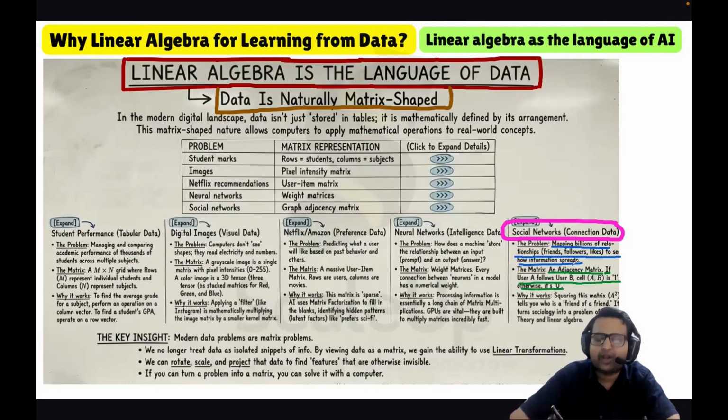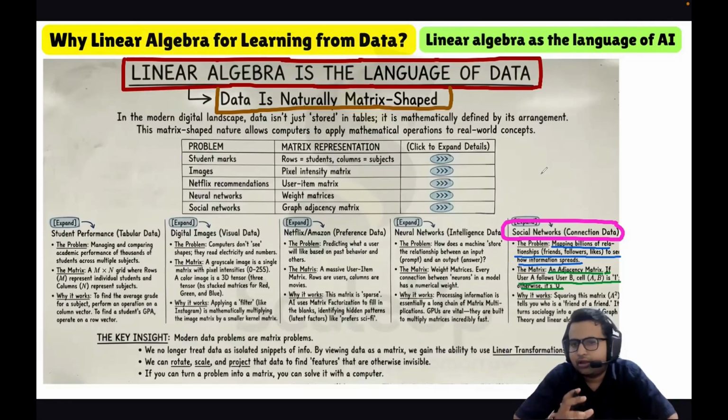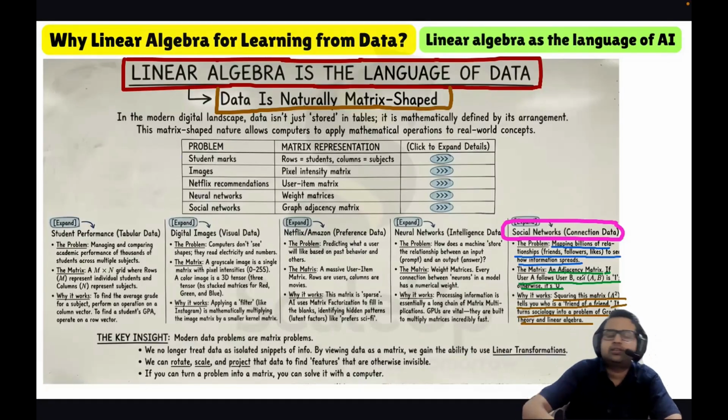So that's the concept of an adjacency matrix. If we make use of the adjacency matrix to map the relationship, then what benefit will we get? Squaring the matrix tells you who is a friend of a friend. It turns sociology into a problem of graph theory and linear algebra.